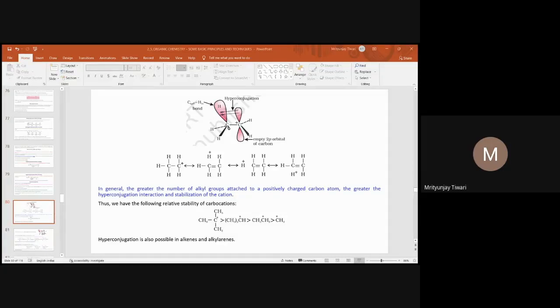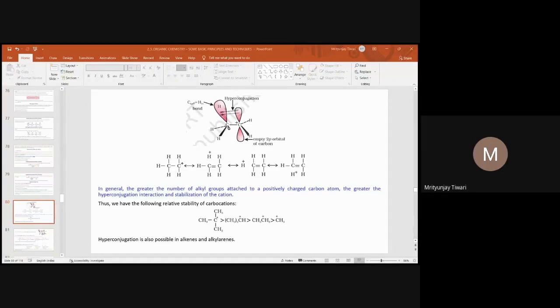We cannot have more than three CH3 groups attached to this carbon center because it has a positive charge, and it can have only three substituents. So the nine hyperconjugative structures make this case more stable.